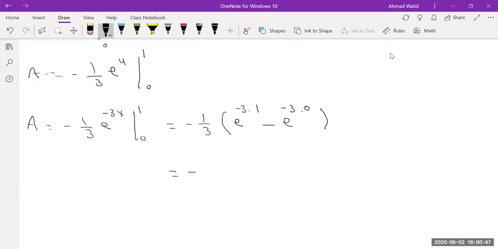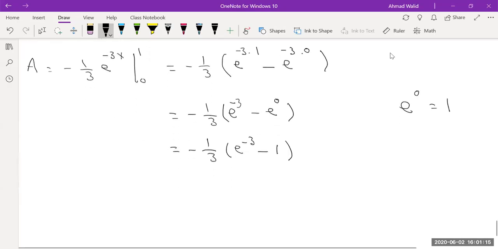You end up with negative 1/3 times e to the power of negative 3 minus e to the power of 0. What is e to the power of 0? It is always 1, right?